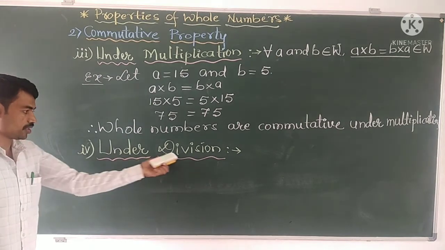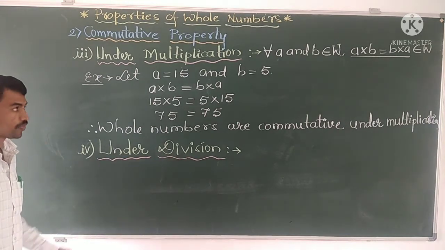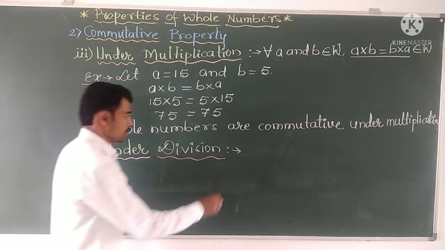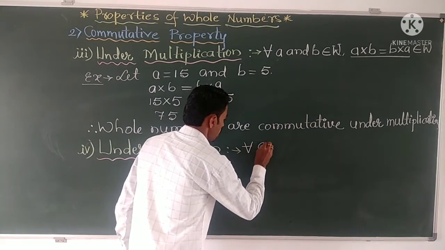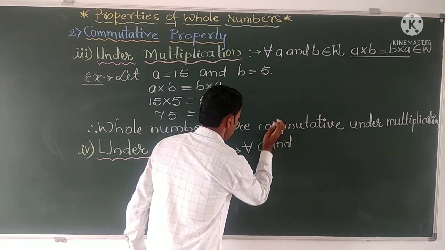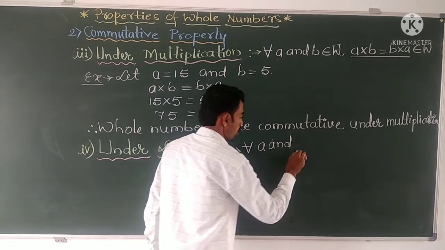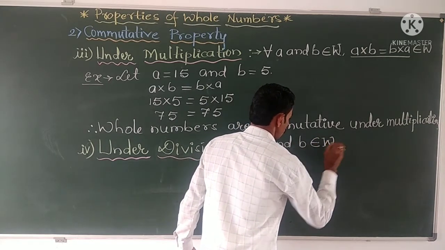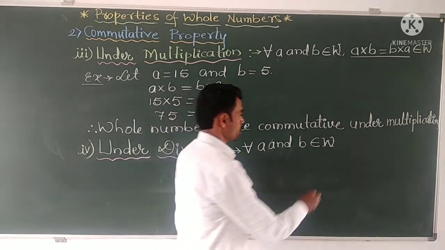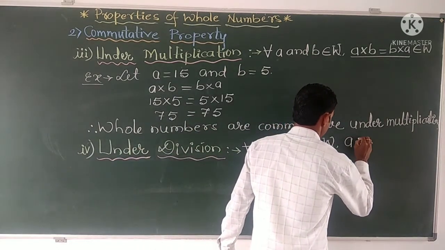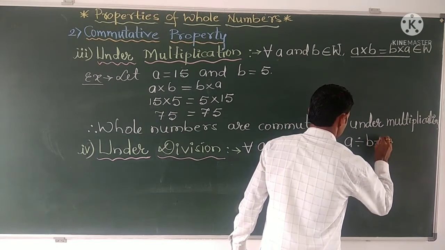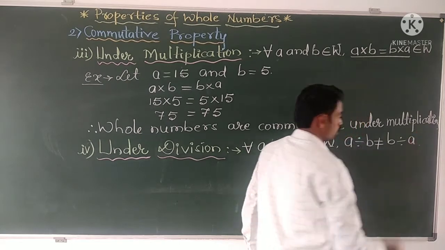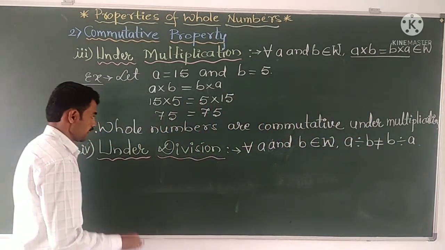Now the fourth operation is division. So we apply the commutative property of whole numbers under division. For every A and B, the two whole numbers, A and B belong to W, the set of whole numbers, A divided by B is not equal to B divided by A. So both the values are not the same.